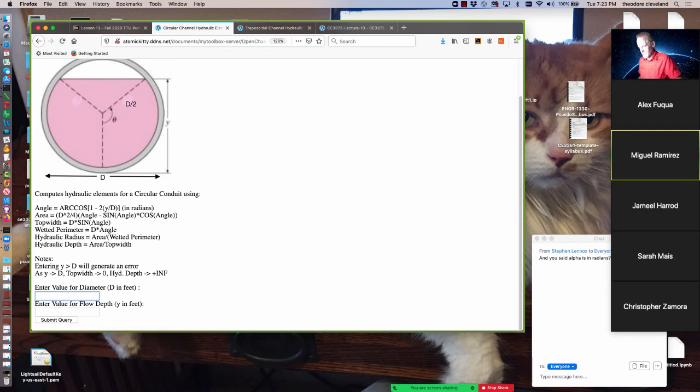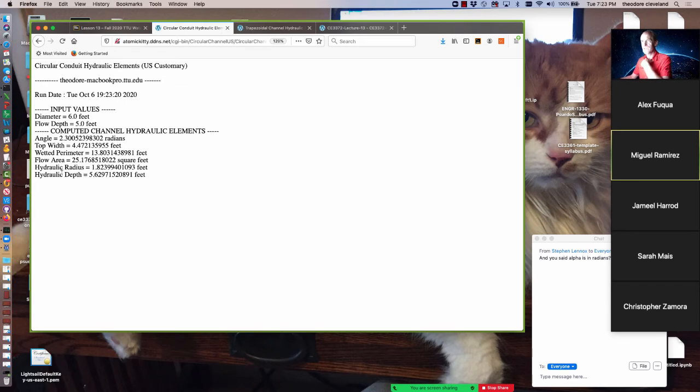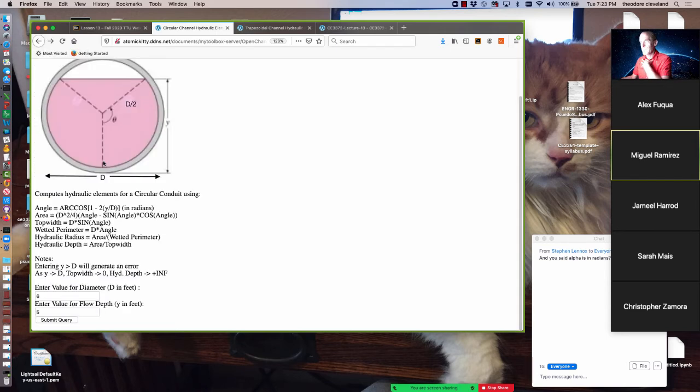But let's suppose it's a 6-foot diameter pipe, and we have 5 feet of flow depth in it. Go ahead and let it do its computations, and we get the computed angle, the top width, wetted perimeter, flow area, hydraulic radius, and let's make a quick check.